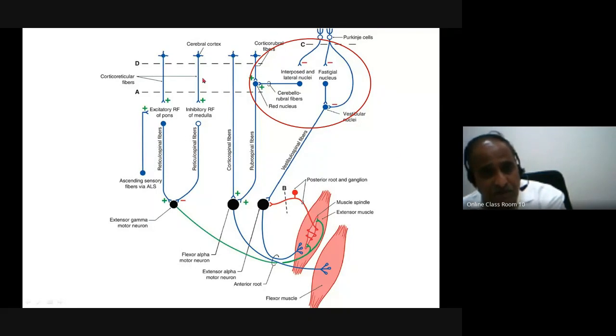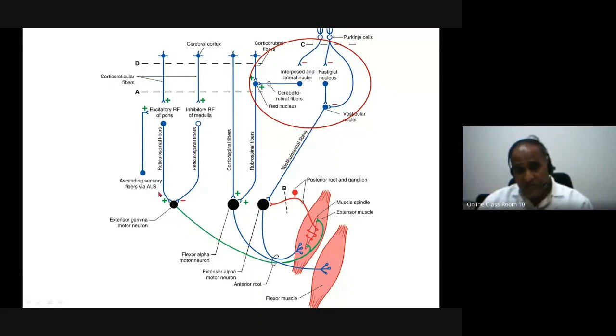There is one more component I was trying to discuss yesterday. There will be ascending sensory fibers, especially from the anterolateral column. They will excite the pontine reticular formation, and this excitation increases the descending inputs to the gamma motor neurons. Anterolateral column sensations carry pain, crude touch, and thermal sensation.